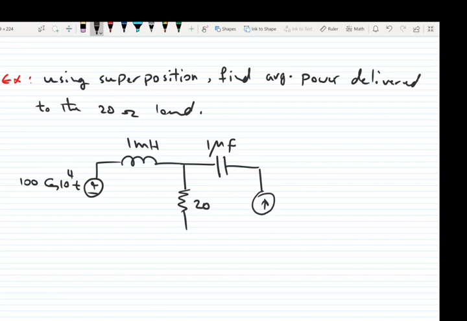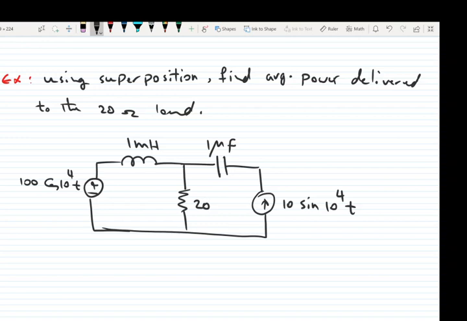The current source is 10 sine of 10 to the power of 4t, and that's it.